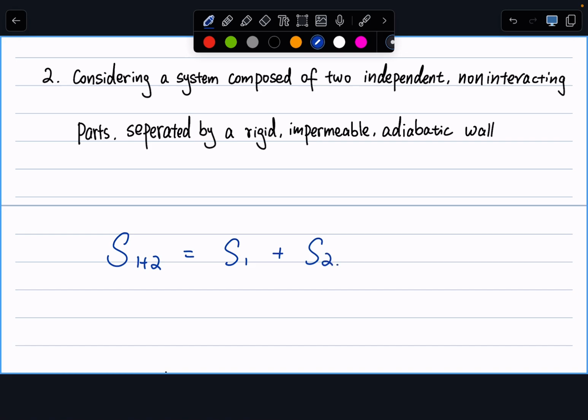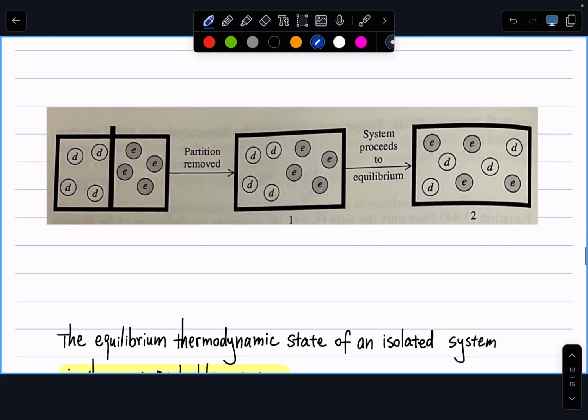So again, this part is only using the extensive nature of entropy. All right, so the entire S of my 1 and 2 equals S1 plus S2. That's the extensive nature. We draw the partition in the middle, assuming.